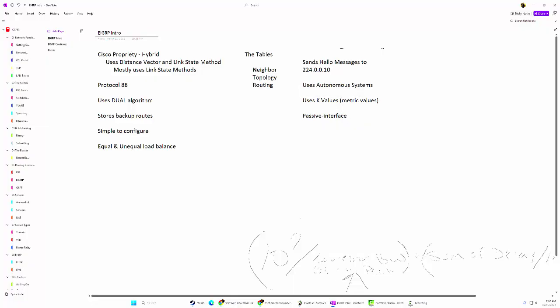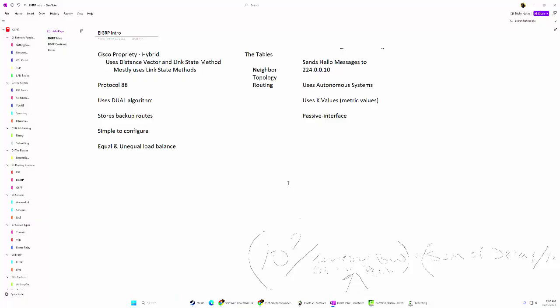Passive interface is something you can do under the router EIGRP process, just like OSPF, by the way. I can actually say passive interface and name an interface, like interface G1, and that's going to stop that interface from communicating with EIGRP, meaning that you're turning that interface off.